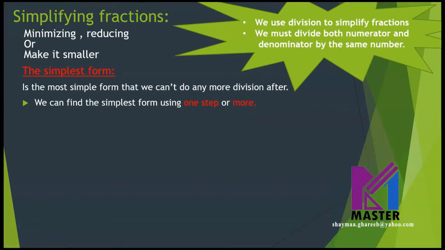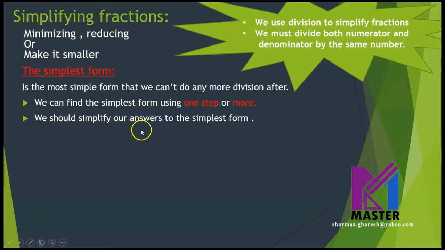We should simplify our answers to the simplest form. Some questions will ask you directly to simplify your answer, and some questions will not ask for the simplest form, so it depends on the question. Let's see an example.